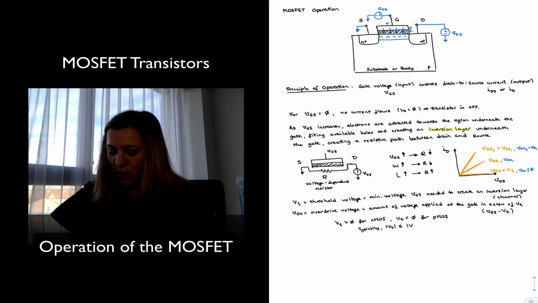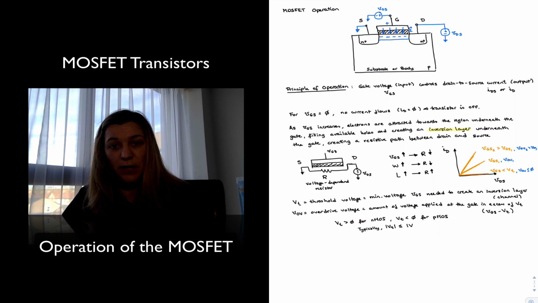Now, so we have seen how we have created a channel by applying a voltage at the gate, and now I can apply a VDS signal between drain and source, and as I increase VDS, my current from drain to source goes increasing, and the rate of increase depends on the VGS value that I applied on my gate.